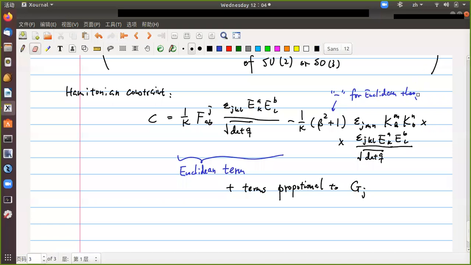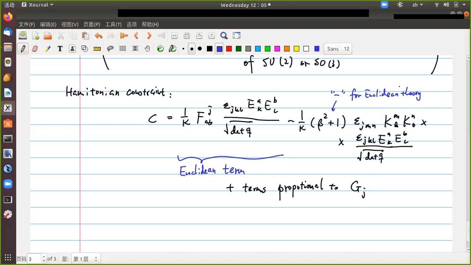Namely, you consider a metric in Euclidean signature. It's a Riemannian metric. You view that as general relativity. Of course, this is a toy model, but you can do that.